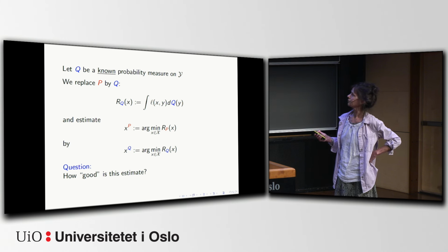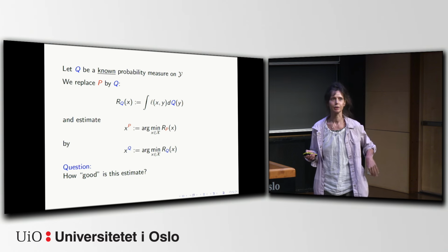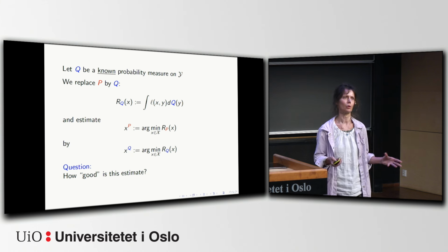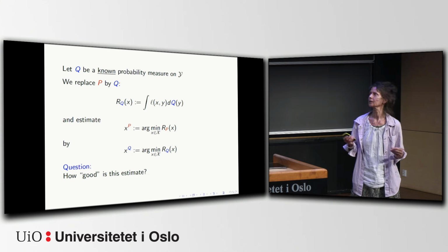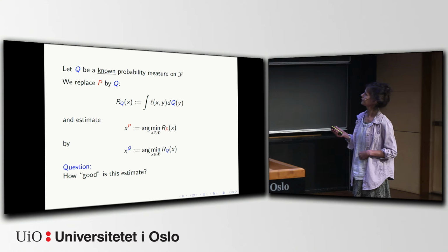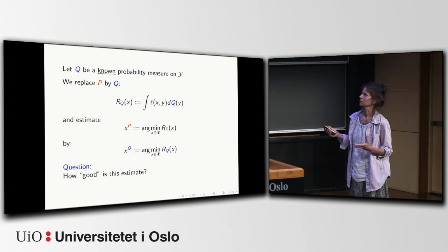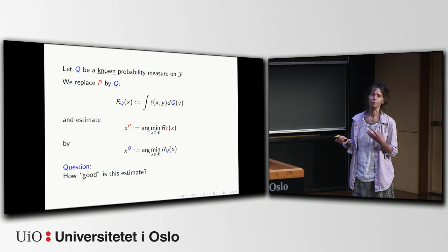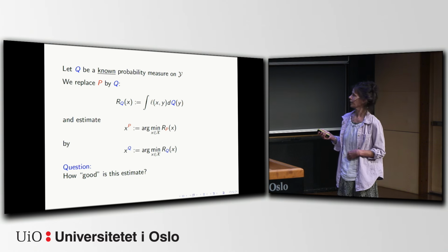Then instead of taking the minimum of this unknown risk function, which I call the theoretical one, which in theory is somewhere but you don't know it, I have here a known risk function, which I call the empirical one, because I know it. I minimize that one instead.